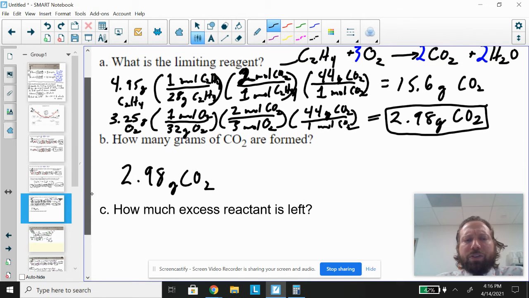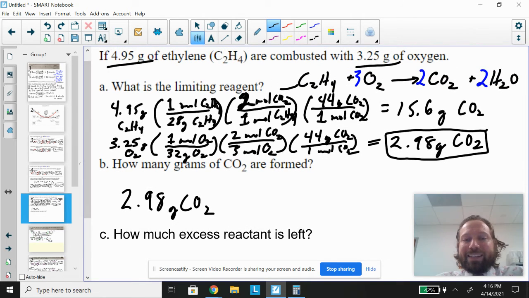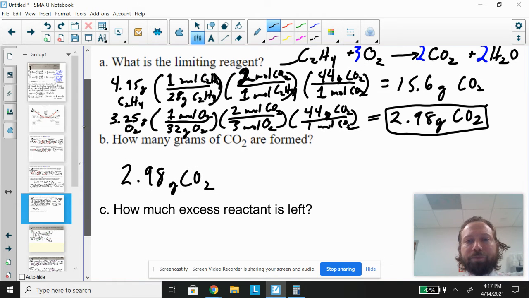Okay? So the last question is, how much excess reactant is left? How much do we have left of the excess? Well, what's in excess? The oxygen or the C2H4? It's the C2H4, because the limiting reactant was O2. So how do we figure that out?